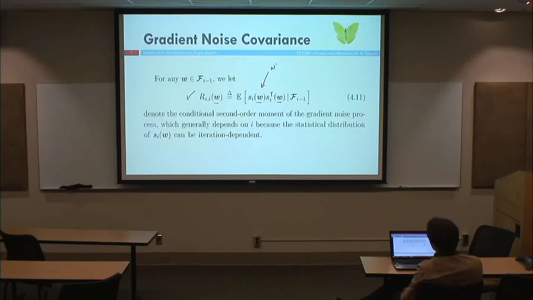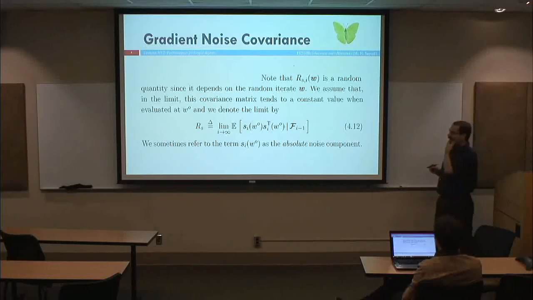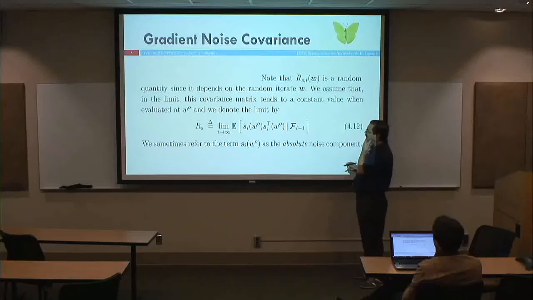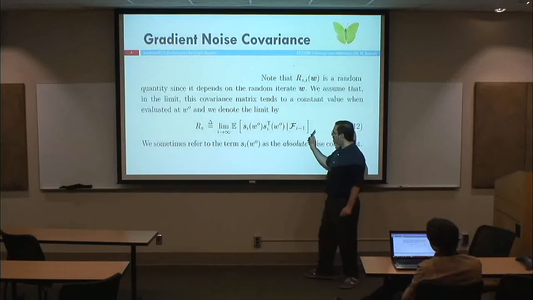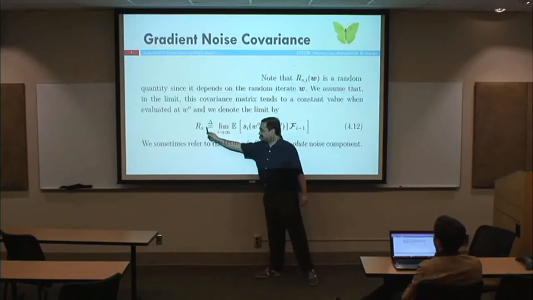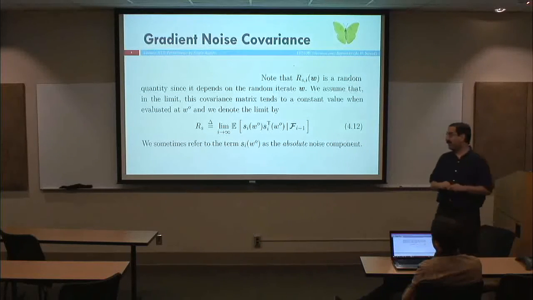And then a particular case of it, if I replace w by the optimal value, w star, and take the limit of this definition as i goes to infinity. That's another definition we introduced. So we are going to assume that when you evaluate it at the optimal solution, that covariance approaches a constant value, which I call R sub S. And last time I showed you examples.